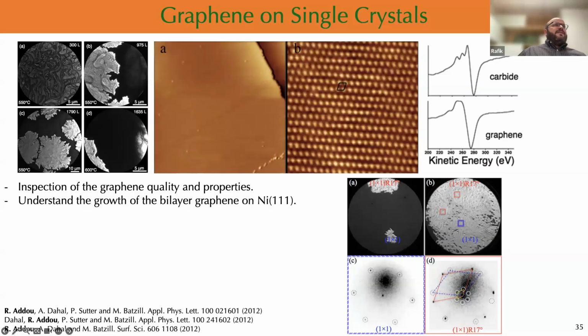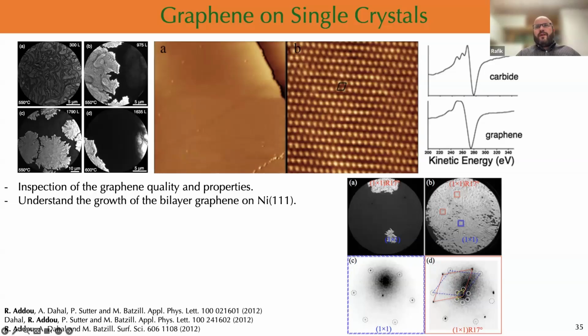But with time, this carbide transforms to graphene. And when we do AES, especially at higher than 500 C, we get this signal which is characteristic of graphene.